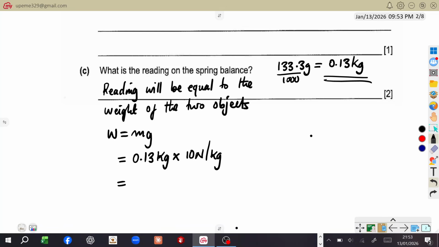So you multiply 0.13 times 10, it will be 1.3. Then kg and kg cancel, you remain with the Newton. So that will be the weight. If not mistaken, that is the answer there. All right, let's move to the next question.